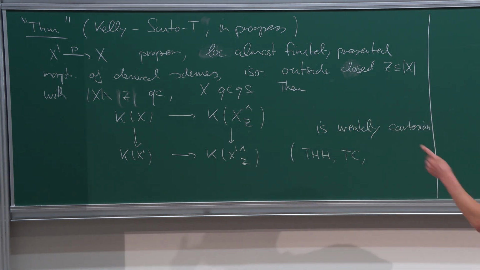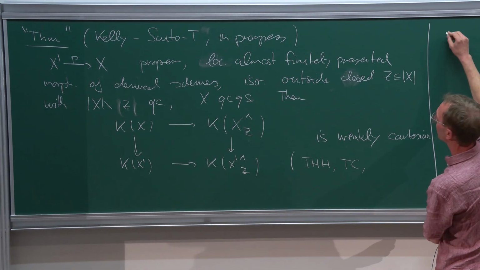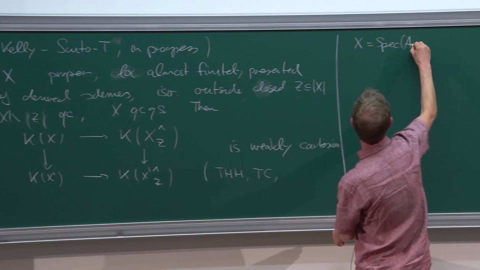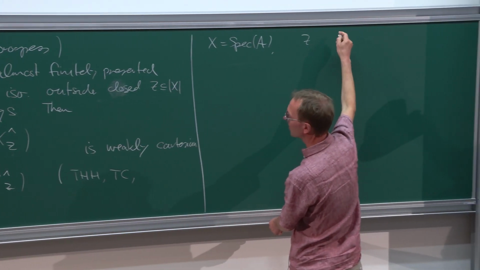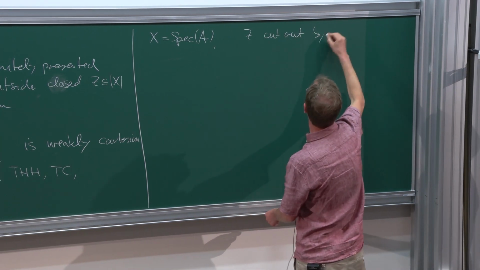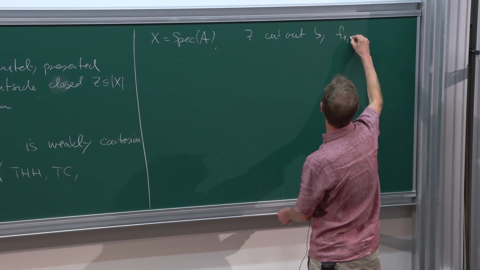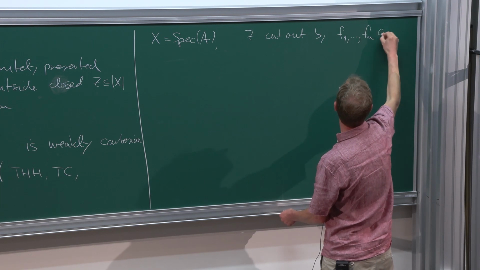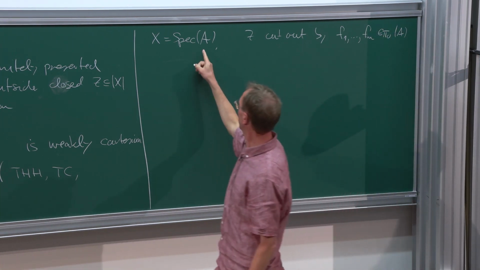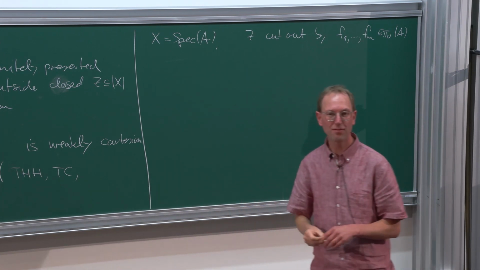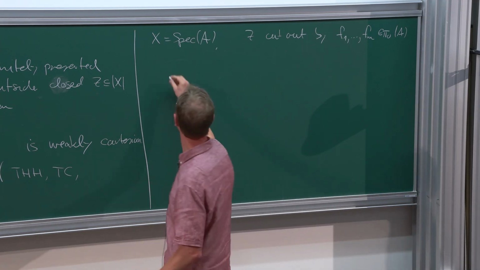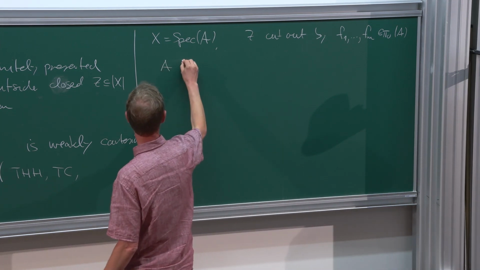Okay, so this is somehow in the affine situation, if X is the spectrum of a derived ring A, and Z is cut out by some elements F1 to Fm in pi 0 of A. Now A is some derived ring, and you can form this Koszul derived ring, which already appeared in previous talks.